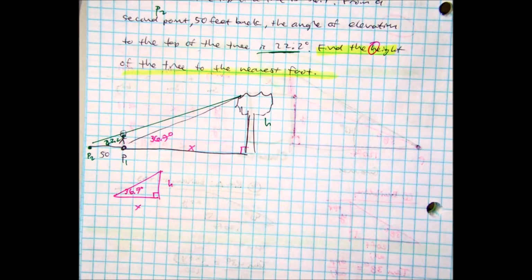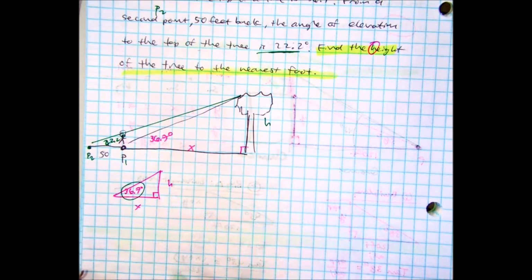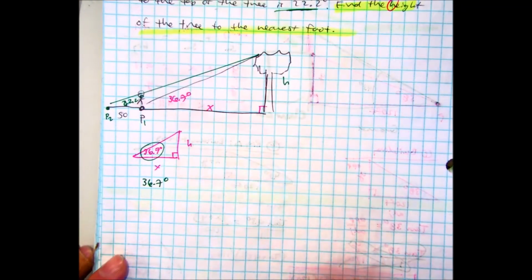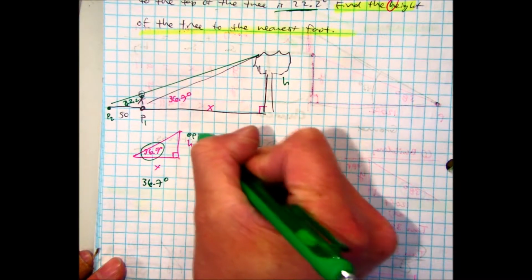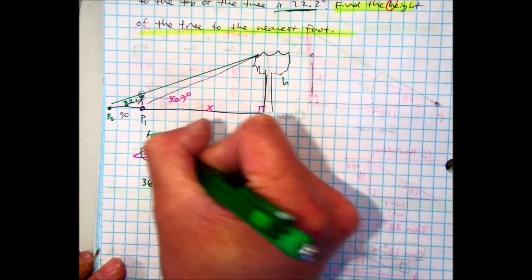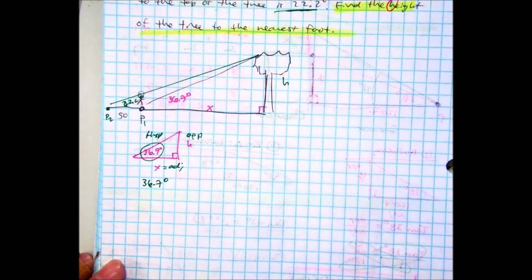I'm going to start here with my given angle, 36.7 degrees. And then I'm going to go across. That's called the, this one is the, and then this one is the, and which one am I not going to use?